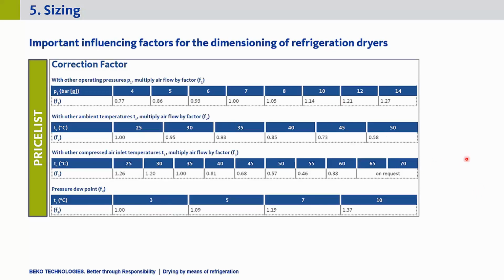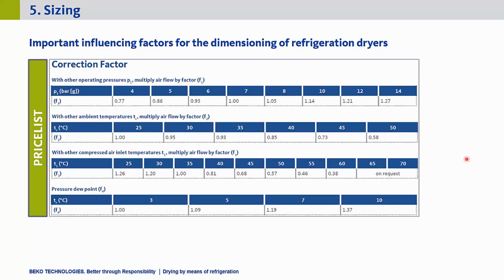But the word correction factor is, let's say, a little bit misleading. If you hear factor, you could normally think I always have to multiply these with something. In the end, what we want to know is the actual volume flow that either a dryer is able to treat or that my dryer has to be able to treat. These two options is what we have.